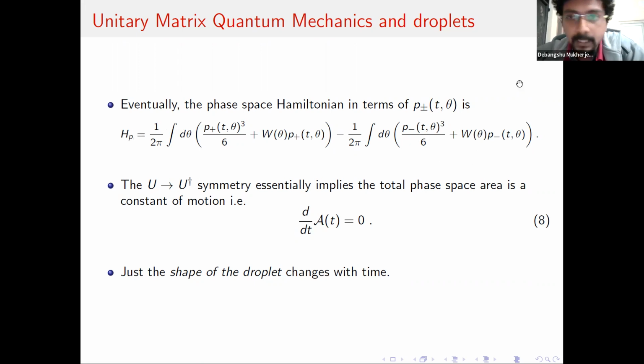Remember we are dealing with unitary matrix quantum mechanics, so there is a symmetry of U going to U dagger. This implies that the area, the total phase space, is a constant of motion. In our current context, I am simply stating Liouville's theorem: the shape of the droplet changes with time, keeping the area fixed.